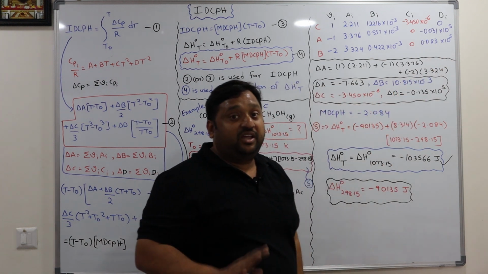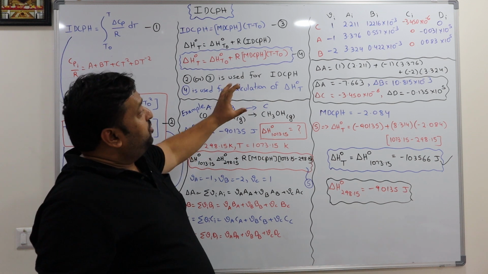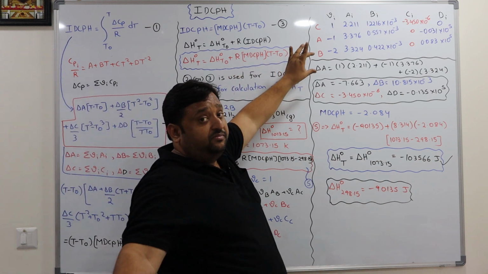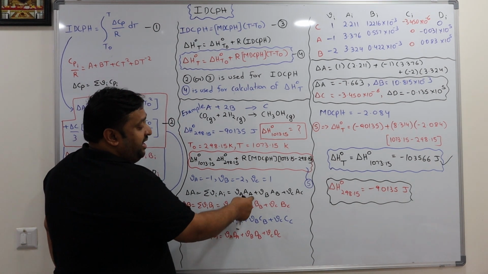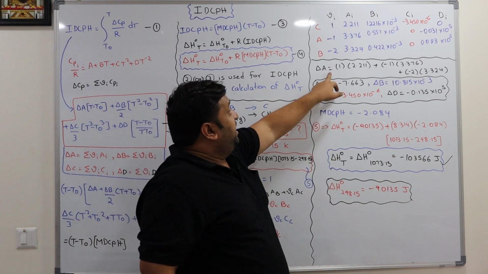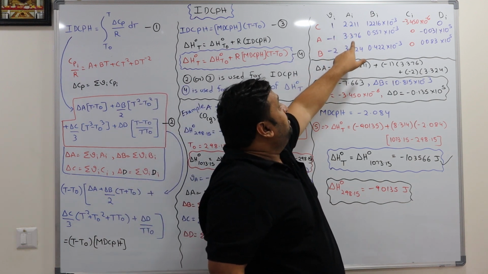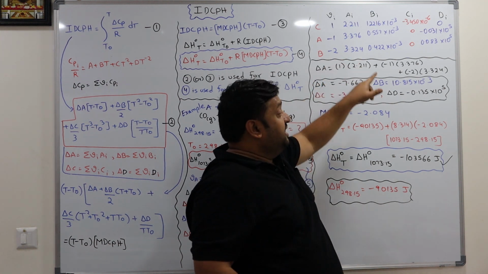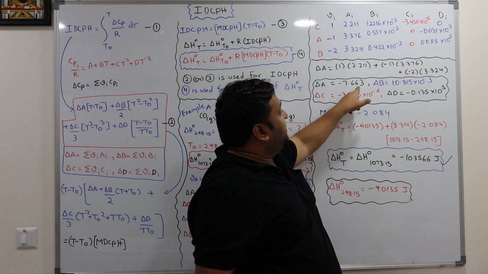All the constants are given for all these three reactants. Once you evaluate this delta A, how can you evaluate it? Using this formula, VA into AA plus VB into AB plus VC into AC. Similarly, you get delta A as minus 7.663.